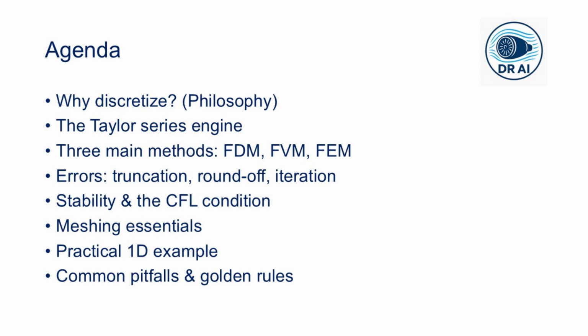Define the truncation error, the round-off error, and the CFL condition, and tell me what happens when you violate it. And at the end, you would spot a bad mesh from a mile away and avoid the most common discretization disasters.